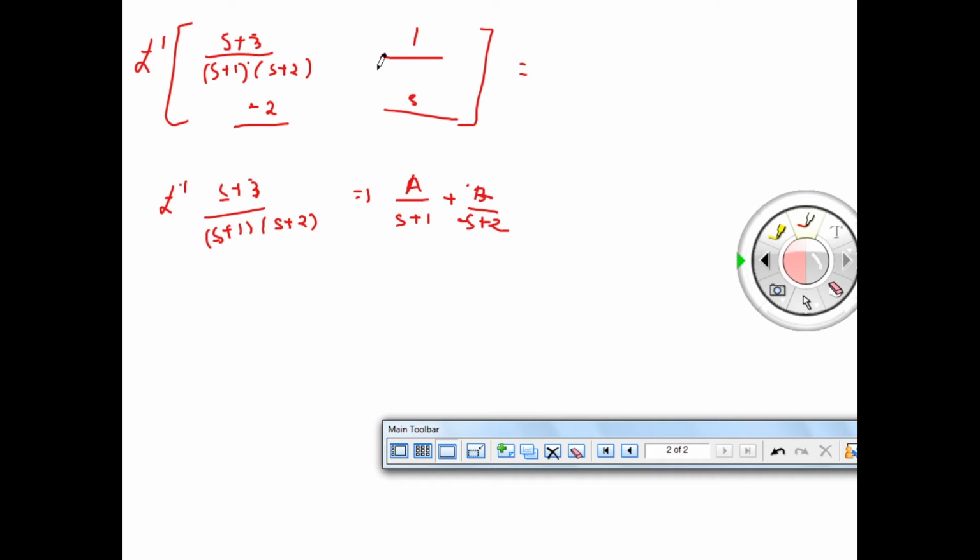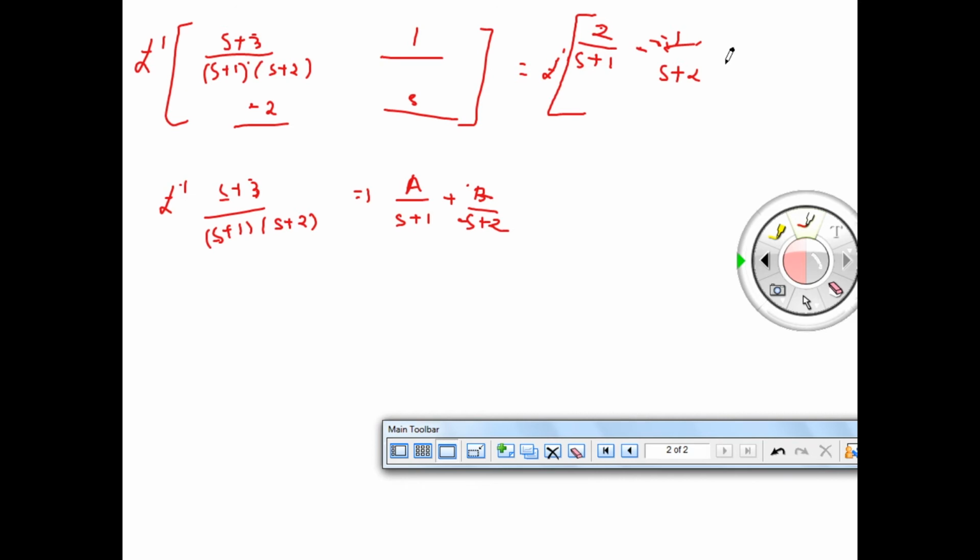So the first term we are getting will be the Laplace inverse of 2 upon (s+1) minus 1 upon (s+2).